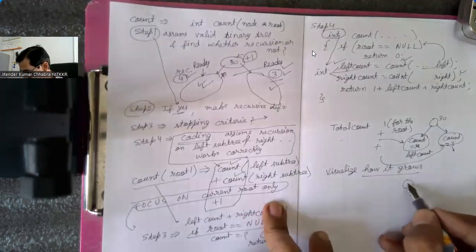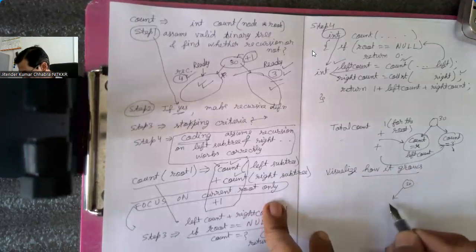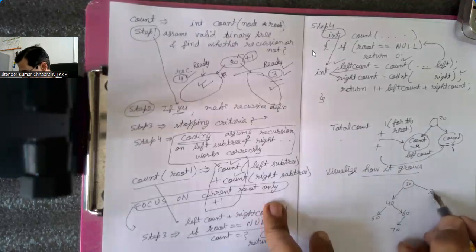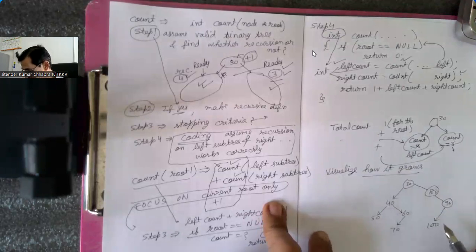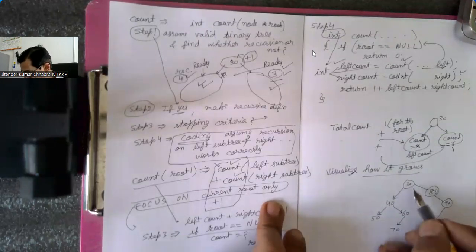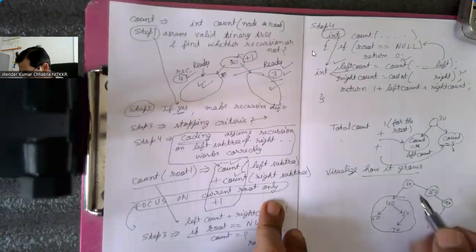Ultimately, for example, I said here 30, here I have 40, here you had 50, here you had 60, for 60 you had, let's say, 70, like this. This side you had 80, then you had 90, and let's say this side you had 100, whatever way you have made.